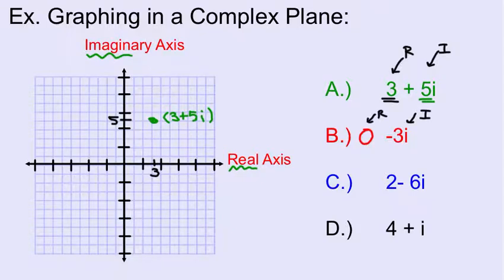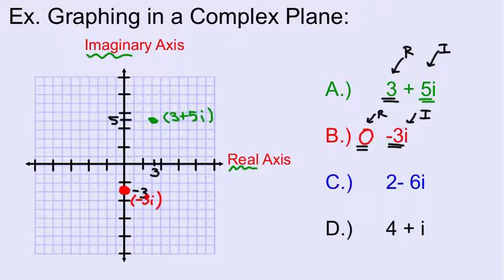So on my real axis, I'm going to go over nothing. And then on the imaginary axis, I'm going to go down 3 units. So it'd be right here. So my point in the red, there's your point B, over 0, down 3, or negative 3i as a complex number.